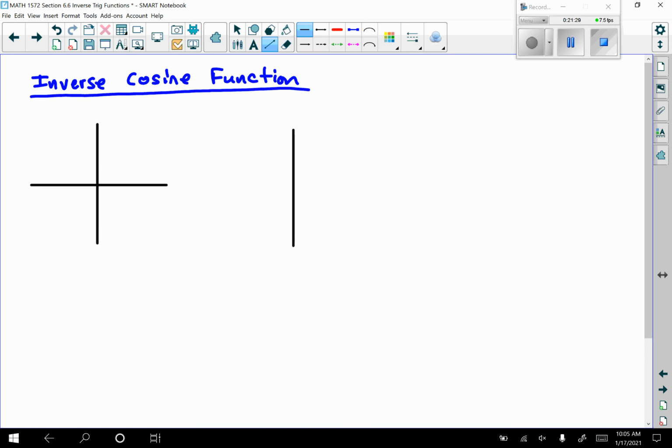We're going to graph y equals cosine x, and then we'll graph its inverse. So for the graph of y equals cosine x, I'm actually just going to start at 0 and then go to pi for this to be 1 to 1.